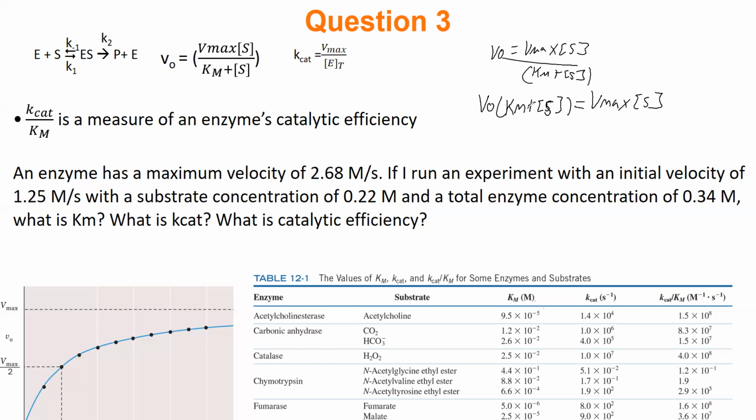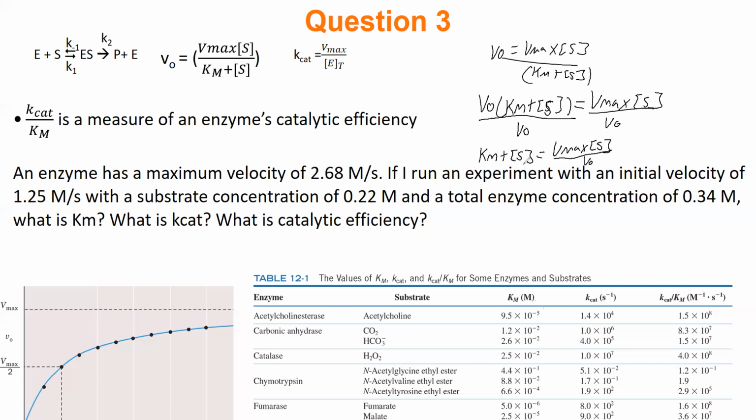Since I want to get Km by itself, divide each side by velocity initial to get Km plus S equals Vmax S divided by V naught.